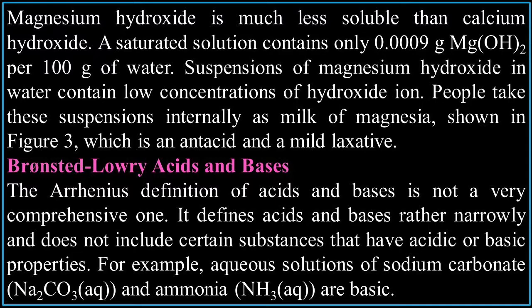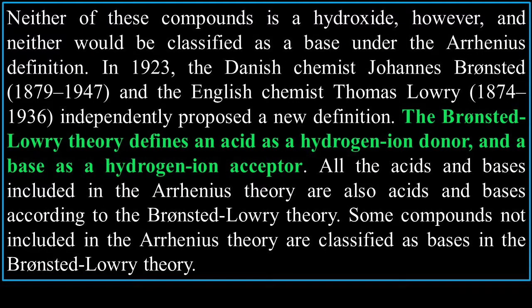For example, aqueous solutions of sodium carbonate, Na2CO3, and ammonia, NH3, are basic. Neither of these compounds is a hydroxide, however, and neither would be classified as a base under the Arrhenius definition.